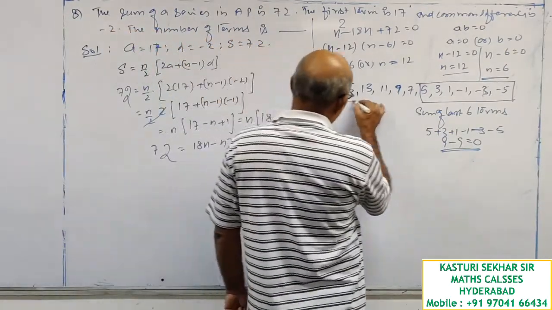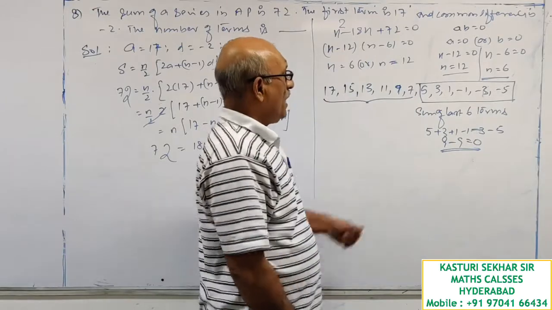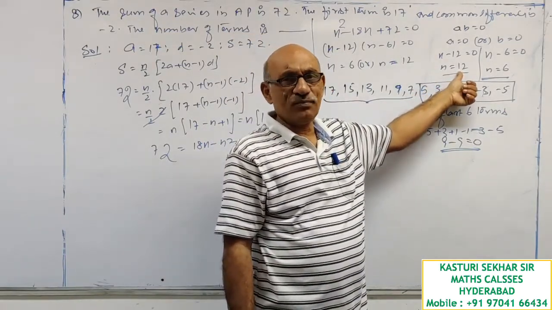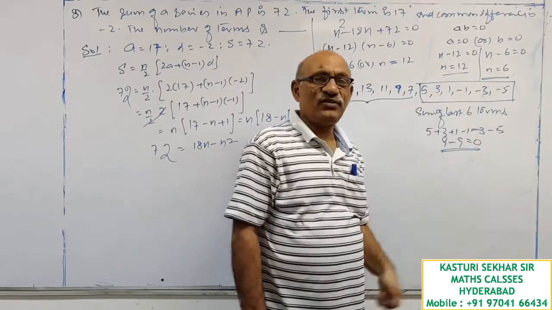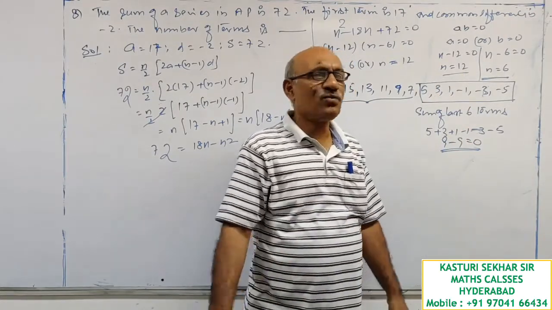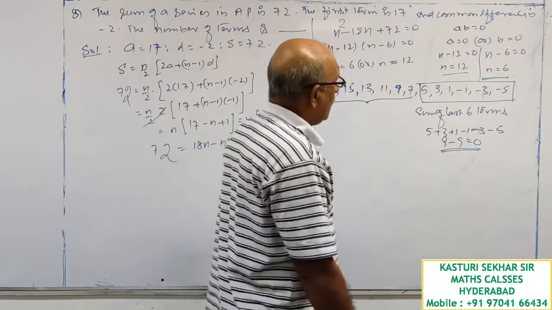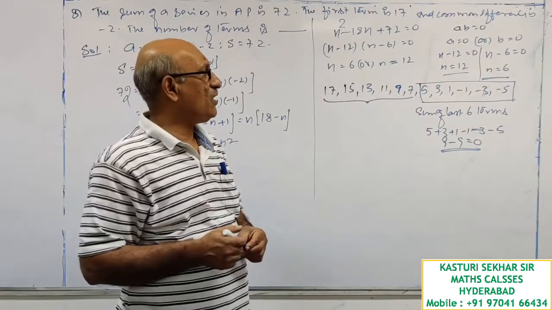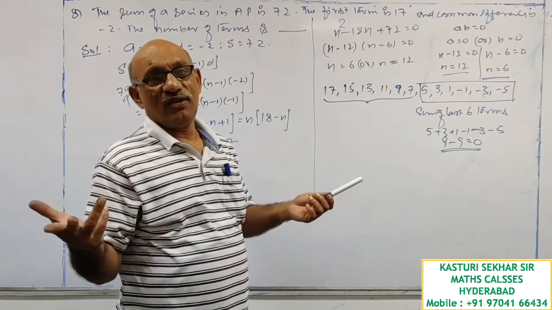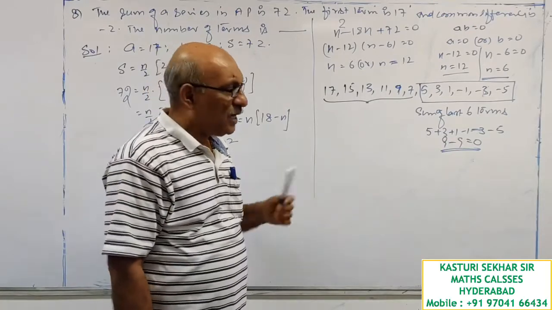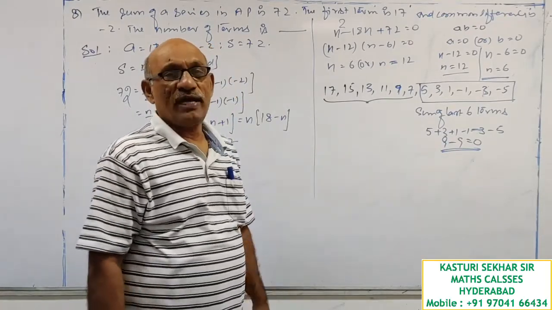So there are 6 terms which are common, and n equal to 12 means it has 6 additional terms, and the sum of those 6 additional terms is 0. When you add 0 to any number, its value remains the same. Because of this, for n equal to 6 and n equal to 12, Sn is equal to 72. That is the reason why both values are accepted.